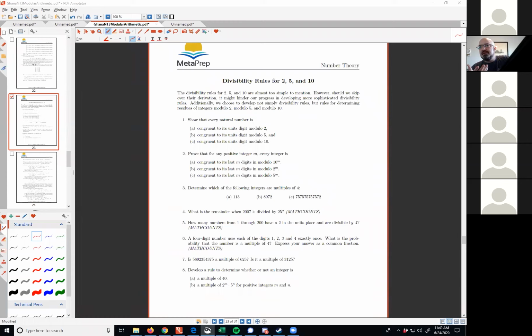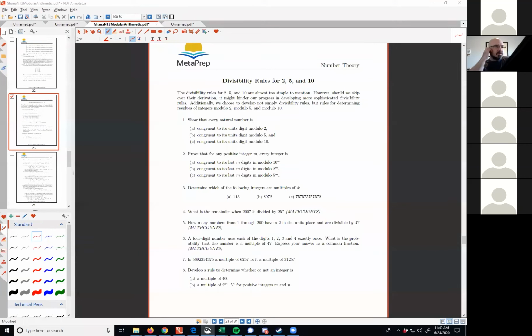And how do we know if an integer is a multiple of 10? It has to end in 0. Right, the units digit must be 0, which is a combination of the divisibility rules for 2 and 5. The rule for 2 says the units digit is even. The rule for 5 says it's a multiple of 5. And 0 is the only even multiple of 5 that is a digit.